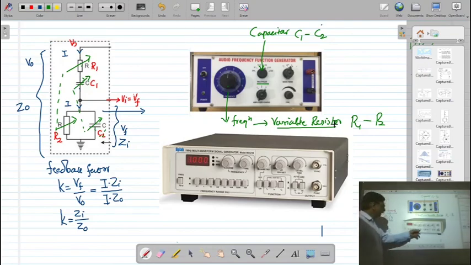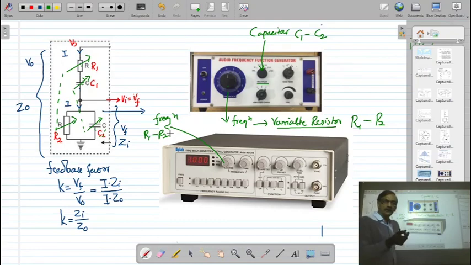Now in the same way, here also you can see that this potentiometer is for the frequency, and that is my R1 and R2. So continuously I can change the frequency, 100 Hz, 101, 105, 110, like that in between. And here we have a multiplier knob. When we press this button, then the range of the oscillation frequency is going to be changed.